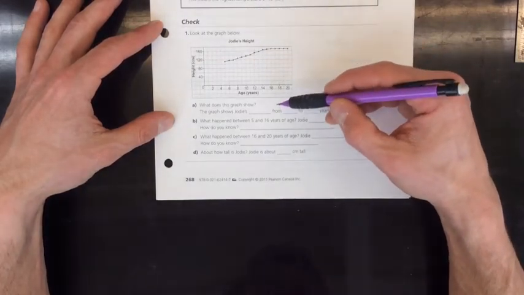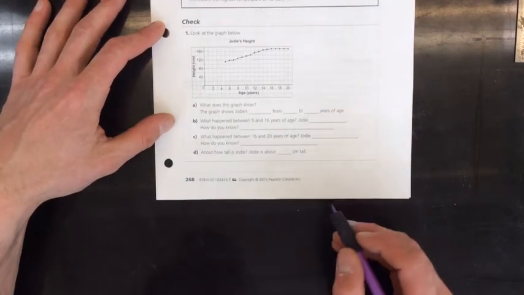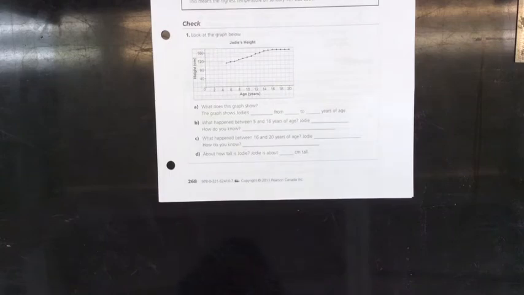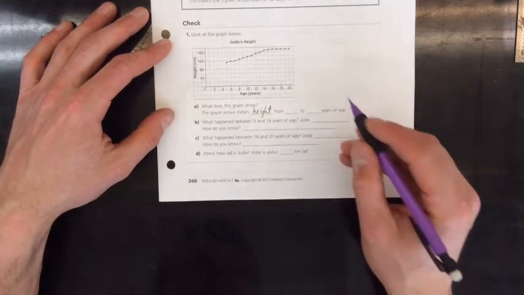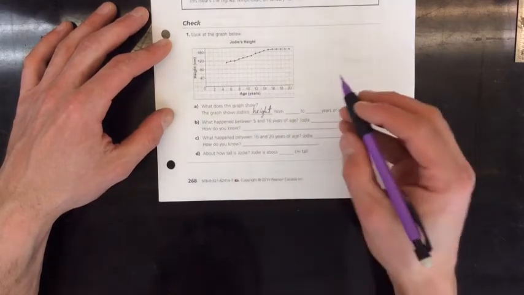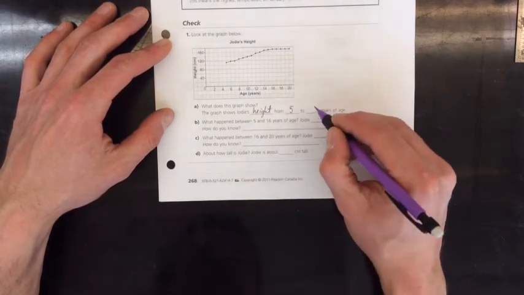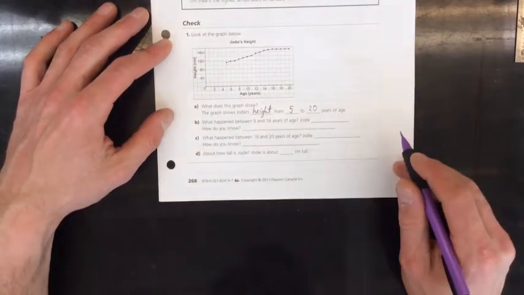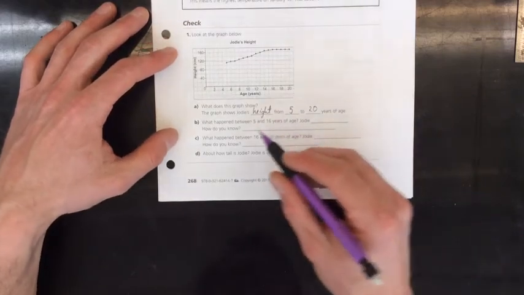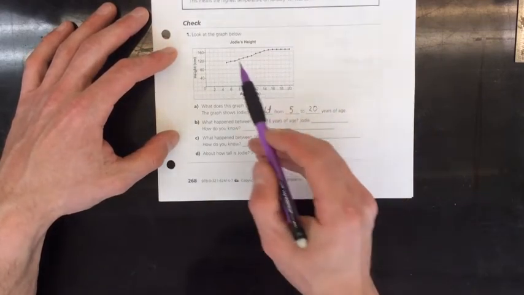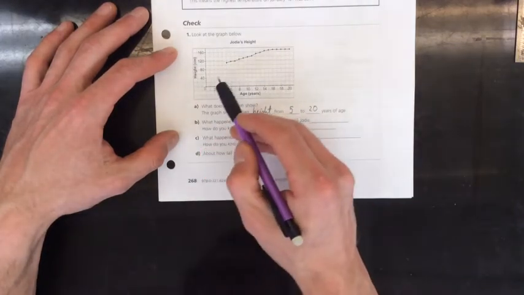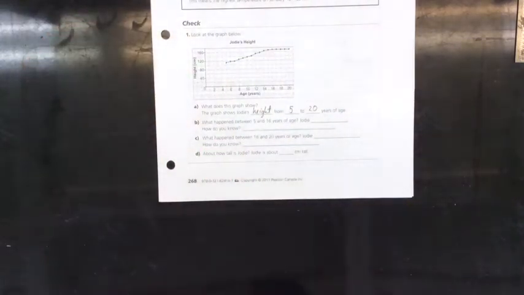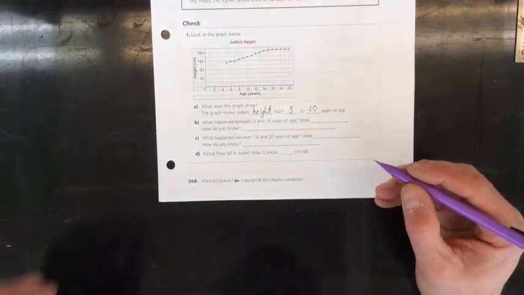So what does this graph show? This graph shows Jody's height from when it started at 5 years to 20 years of age. What happened between 5 and 16 years of age? Starting here and all the way to there, as the graph goes up, her height increases.